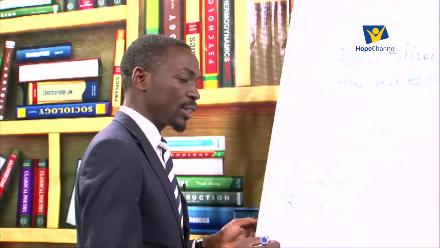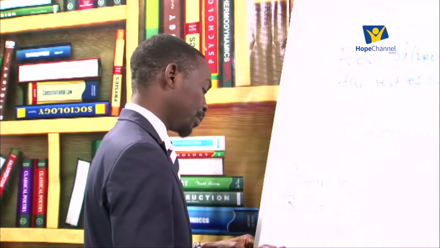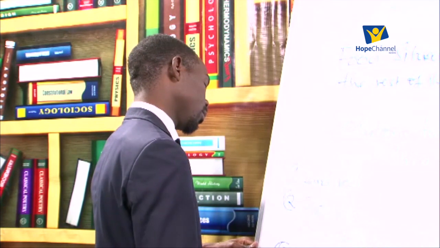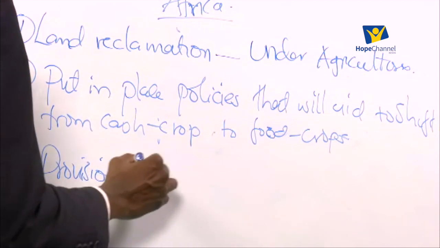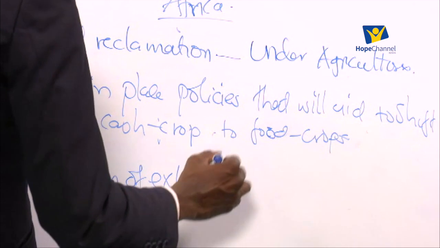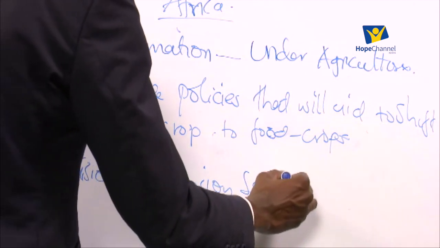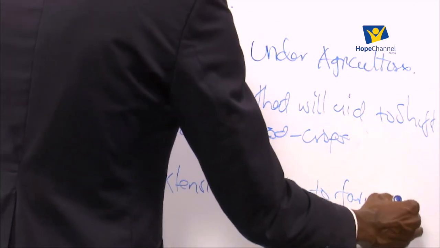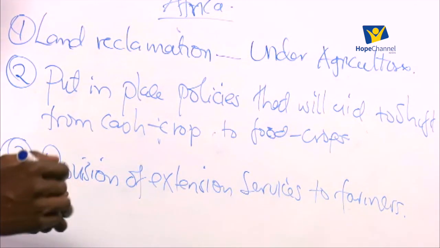Number 3, we can talk of provision of extension services to farmers. For example, they can be given information on how they can store their products.